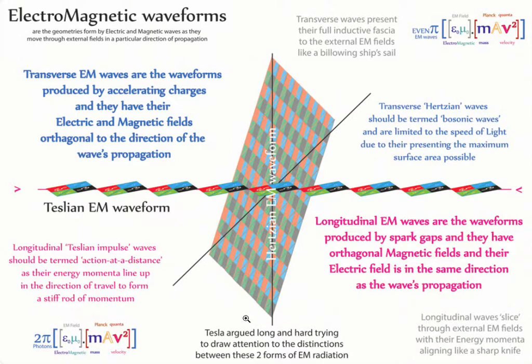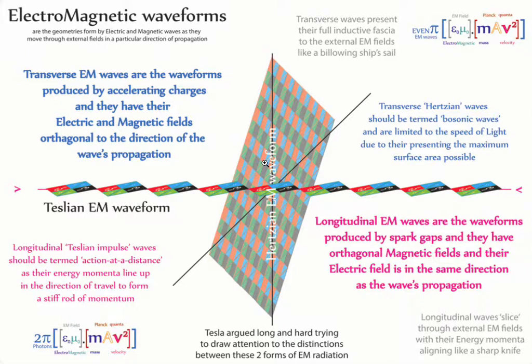Obviously then this wave, if you think of it as a sail, propagates as an entire wave of orthogonal E and M fields in the direction towards V. This is the transverse or Hertzian Maxwellian waveform that's described in Maxwell's equations.